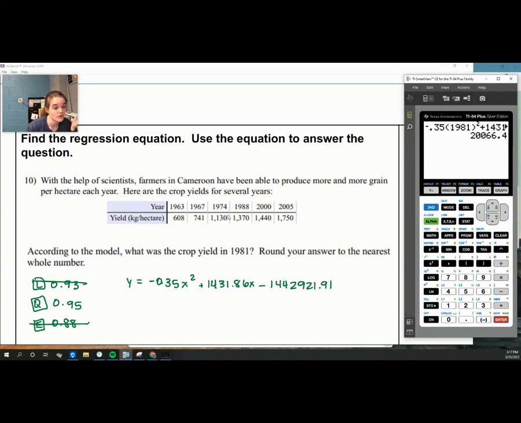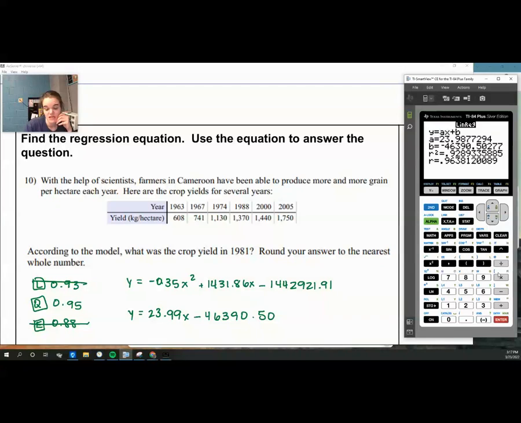So let's write the linear equation just to see if we get a number that makes sense. And if we do, then we're going to cross out the other one and decide it's linear. So let's try that one. Okay, so y equals 23.99x minus 46,390.50.